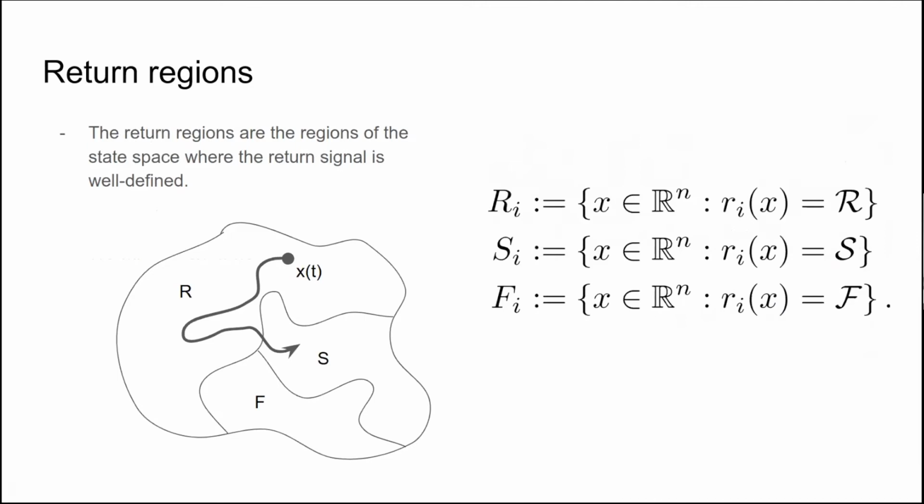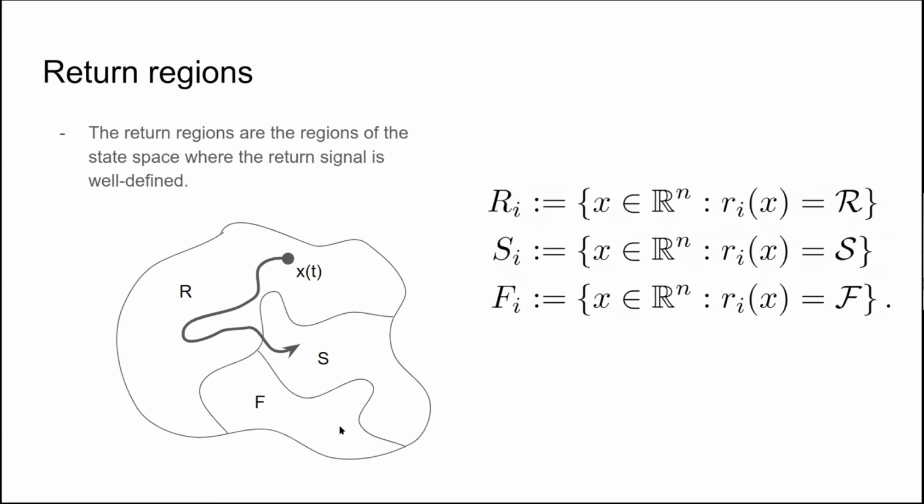So before we continue, first, if you take that return function that we showed before, which could be equal to running, success, or failure, and then you look through the state space at where those return statuses are well defined, you get these regions. So big R is this running region, success is this region here, and F is this region here.